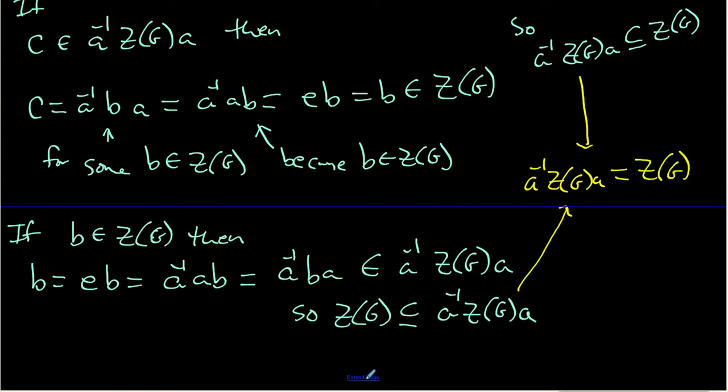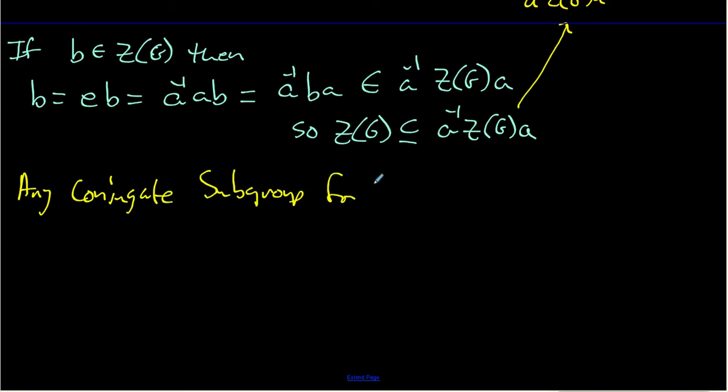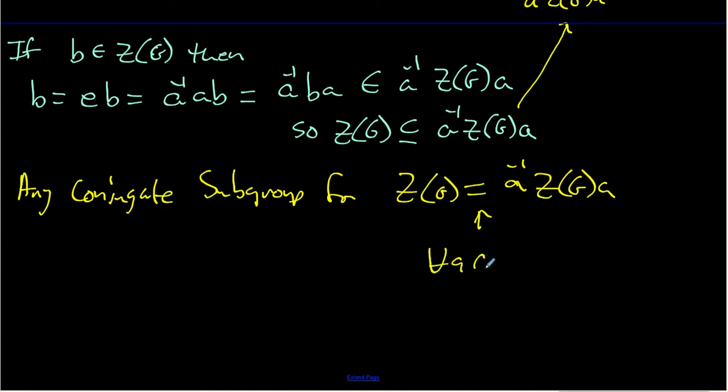So the net result of this is that any conjugate subgroup for the center of a group is just going to be equal to the center of the group. And that equation is going to be true for all A inside of the whole group.